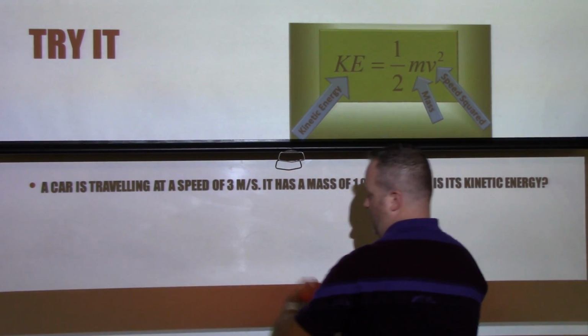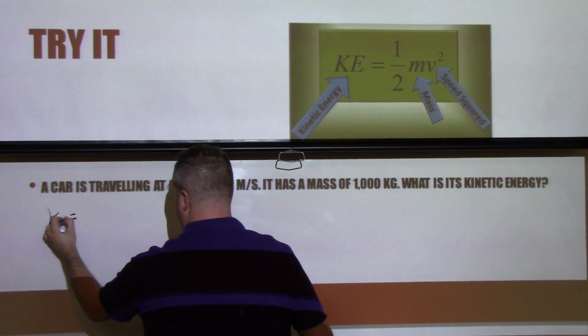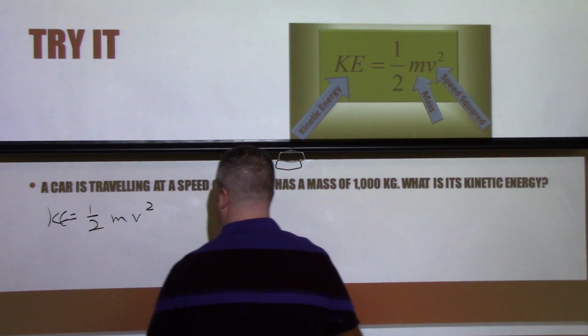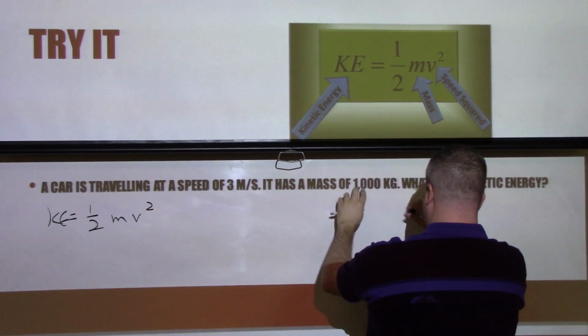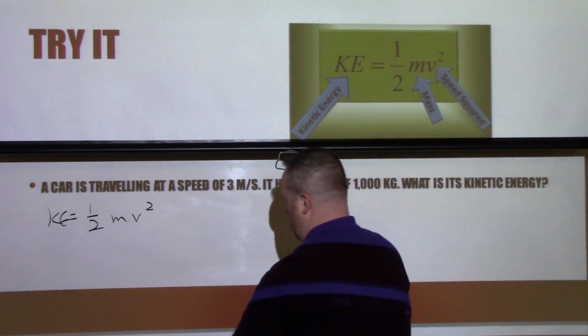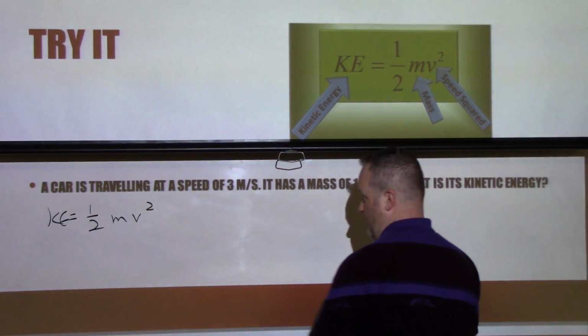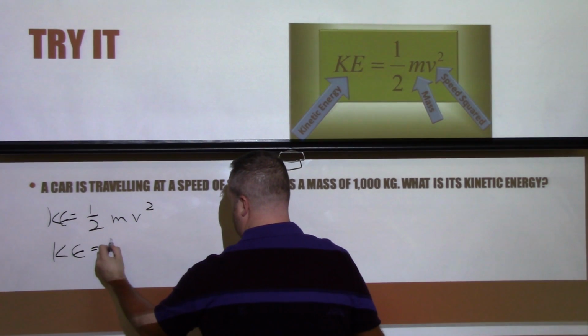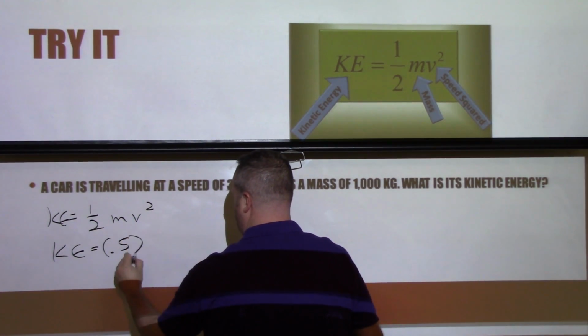What I like to do to begin is write the formula down. So I'll say KE equals 1/2 mass velocity squared. Now I can look at what I have in my statement here and move that over into the formula. So again, writing down kinetic energy, 1/2 is the same thing as 0.5, okay?